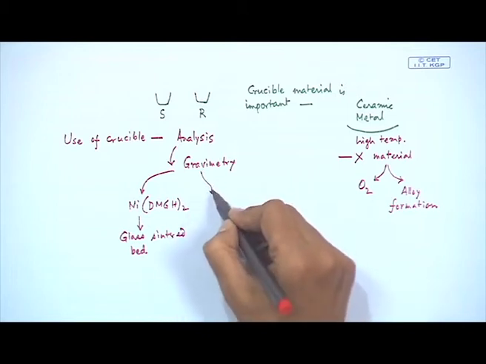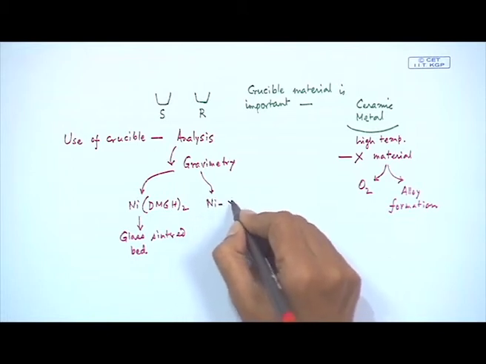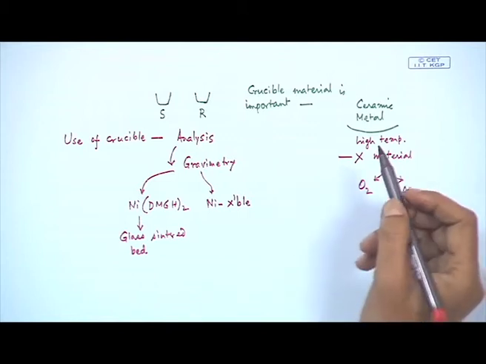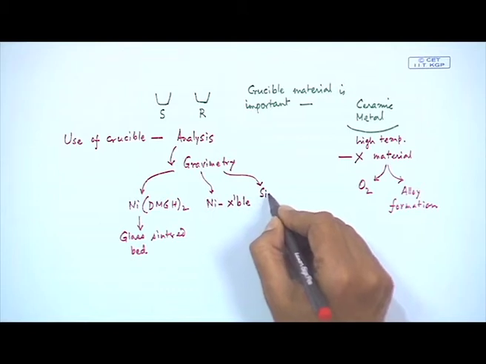Then we can have some material, some fusion reaction we can do on some nickel crucible. So, nickel crucible can also be useful. Then we can have silica crucible.